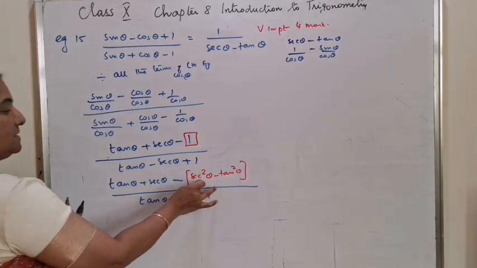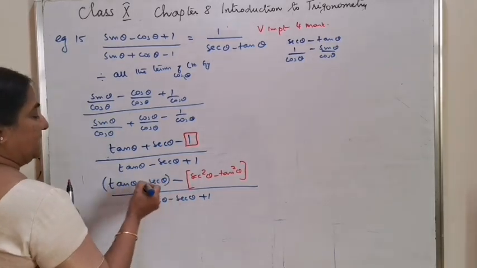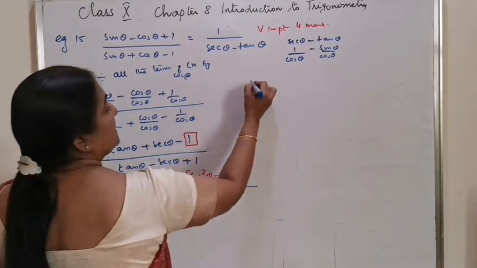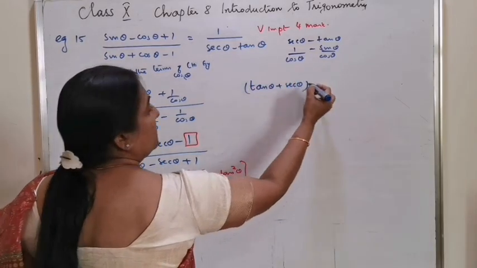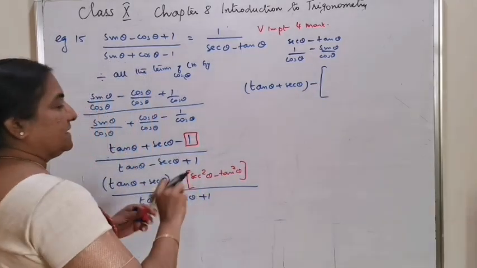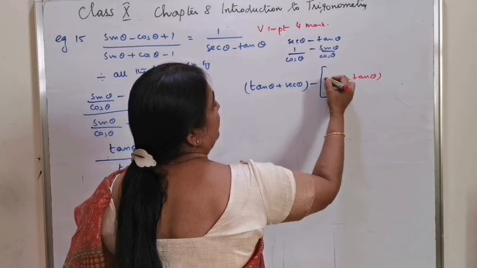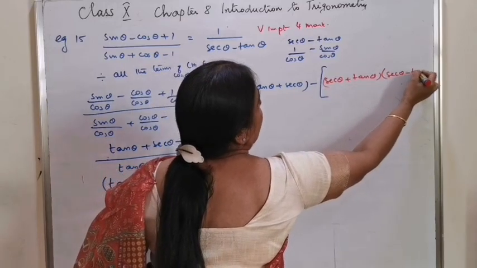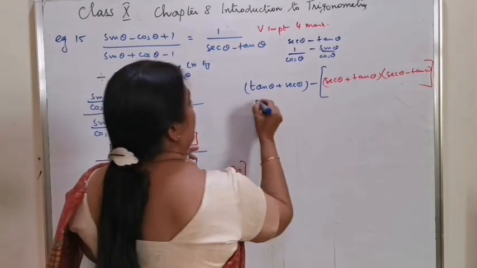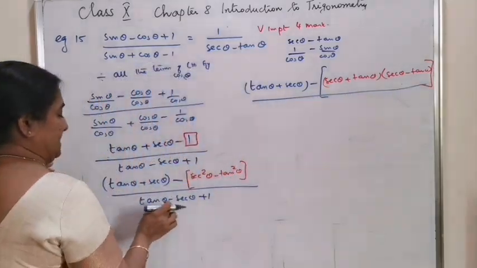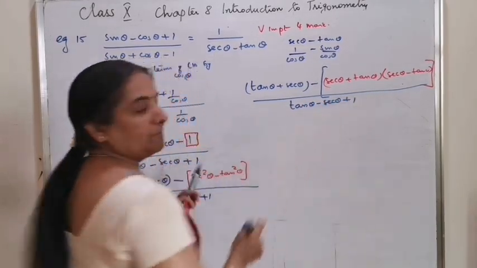Now this will be factorized as a square minus b square. Numerator, let it be in a bracket. That means tan theta plus sec theta minus, factorize it as sec theta plus tan theta into sec theta minus tan theta, divided by the denominator, no change, tan theta minus sec theta plus 1.